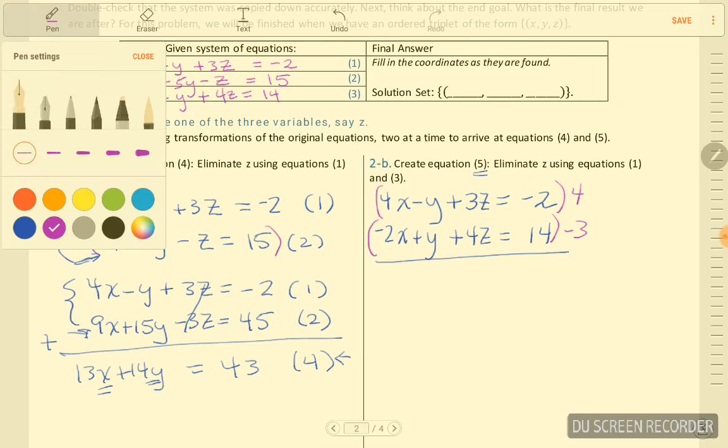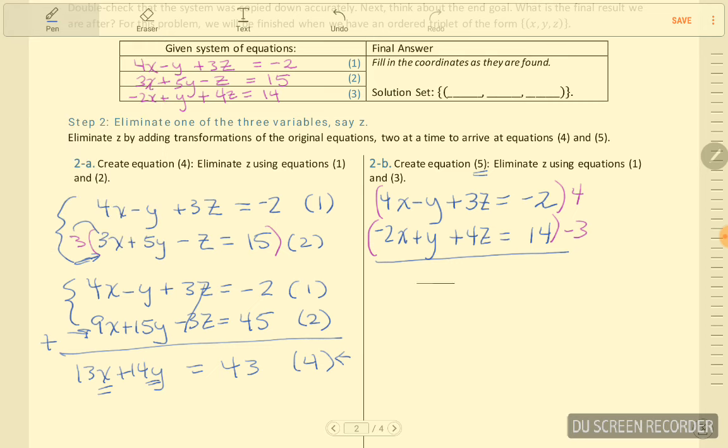So then I will have 2 equivalent equations. Right, so that's equation 1 and equation 2. So I'm going to rewrite the new versions of them. So I'll have the transformed first equation, 16x minus 4y plus 12z equals -8. So that's my first equation now transformed.